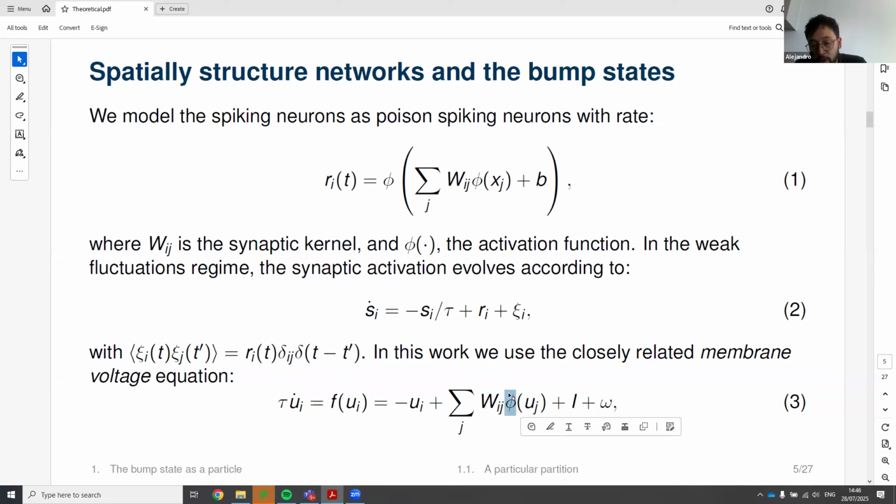But so you put the nonlinearity inside, and the rest is the same. So this will be our starting network. It's a first order non-local kind of equation, and it has again some fluctuations that we will talk about later.